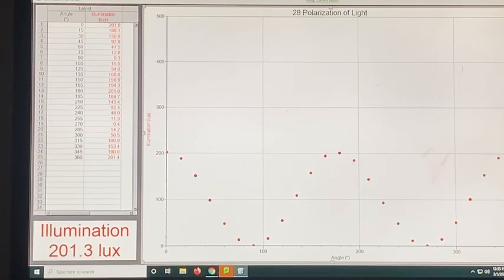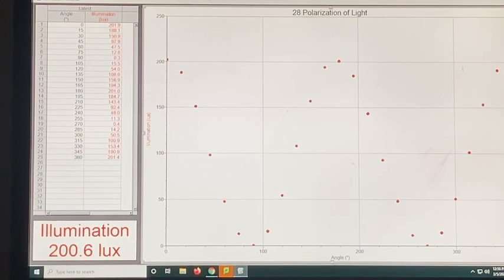And there's our data, and I'll change the scale a bit. So there's our scale.